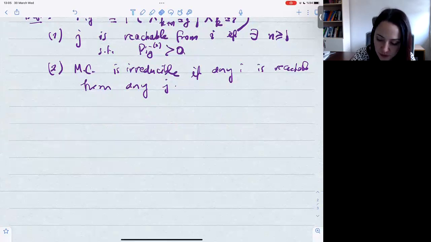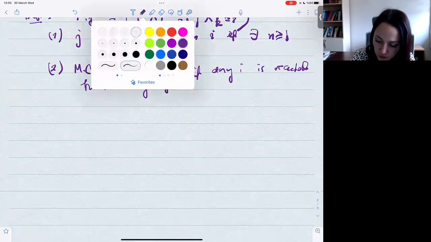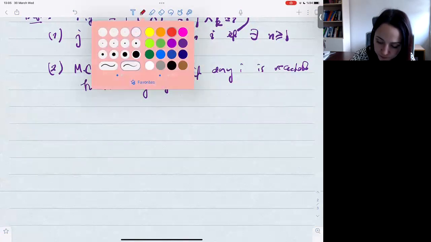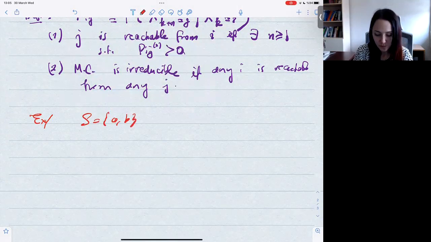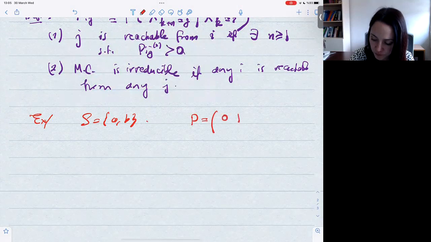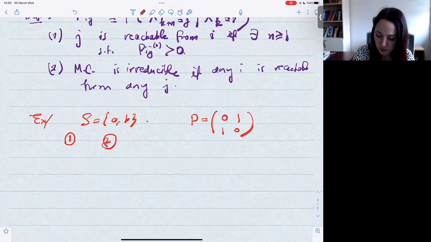So based on this, let's give you an example. There are two states, A, B, and the Markov chain behaves as follows. So pictorially, numbering A and B as 1 and 2, this is what happens.